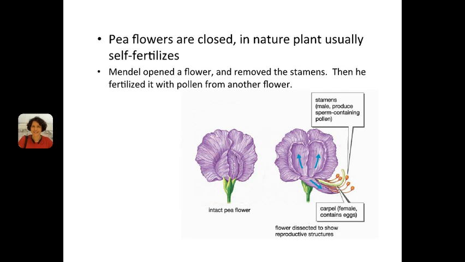Notice that self-fertilization is not the same as asexual reproduction. In other words, meiosis still occurs. Meiosis makes the pollen and it makes the ovules in the plant, and then you have fertilization. It's just that both of the gametes are made by one individual.